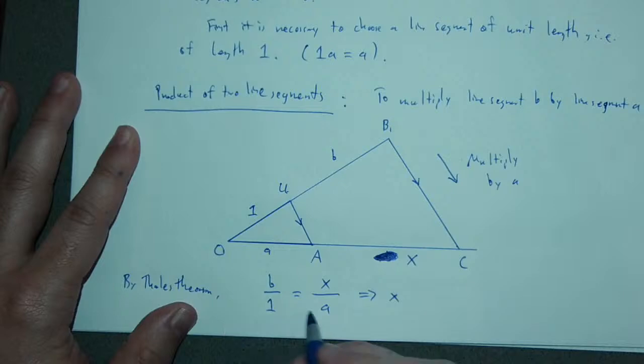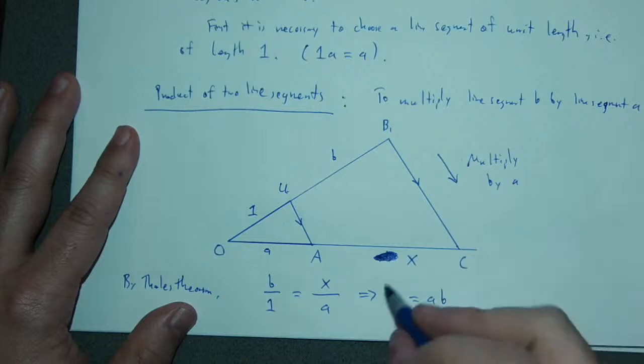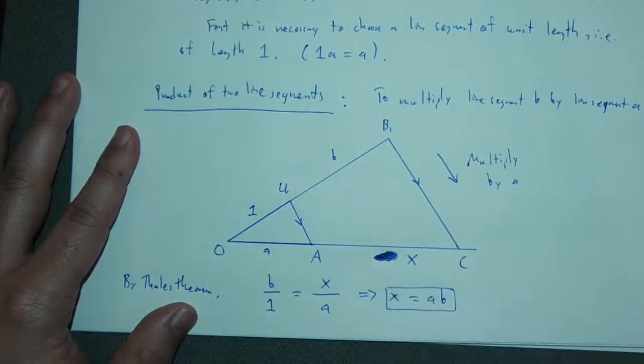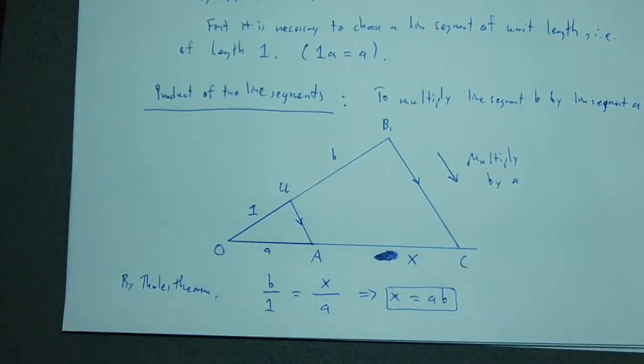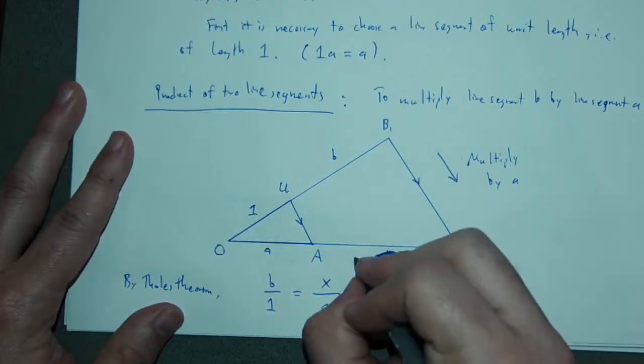This means that, multiplying both sides by A, X is AB. And so it was right to have AB here.